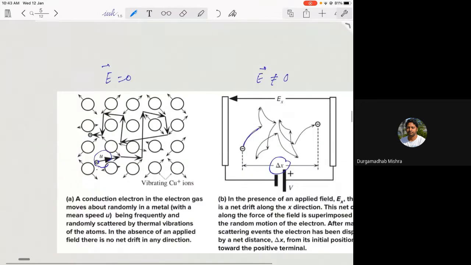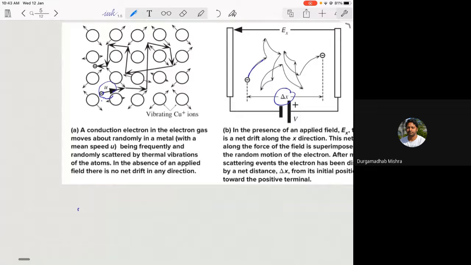So we can write now this Vd, which is equal to 1 by n sum of ui plus eE by m (t minus ti). So again, we have to sum over all, i equal to 1 to n.